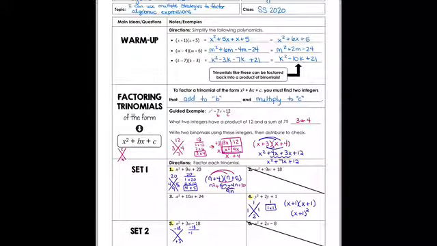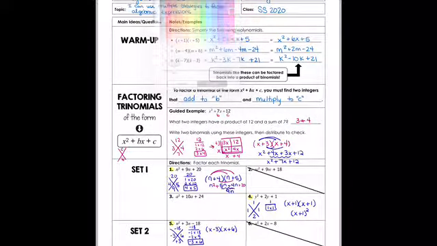So we could do negative 1 times 18, negative 2 times 9, negative 3 times 6, 4 doesn't work, 5 doesn't work. If we look at negative 3 times 6, that adds to positive 3. So my binomials would be x minus 3 times x plus 6.